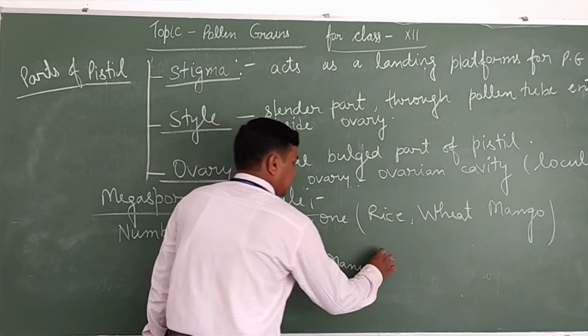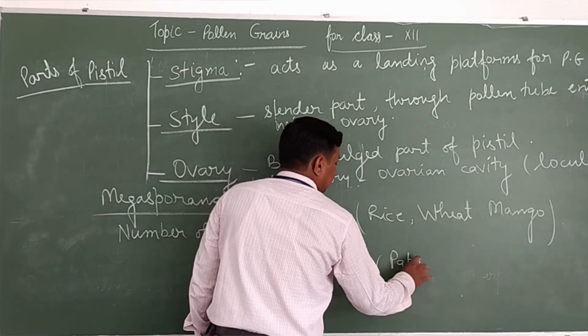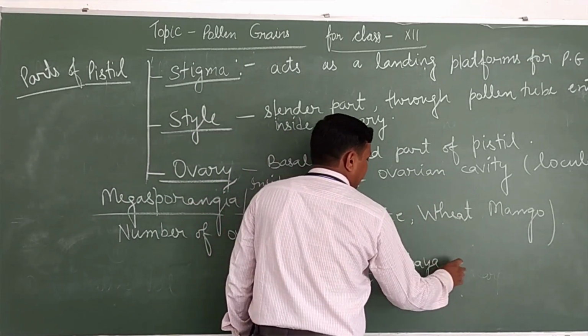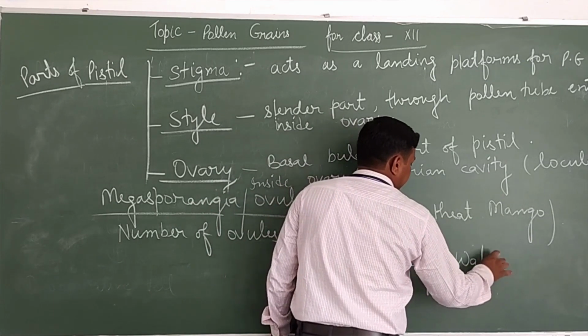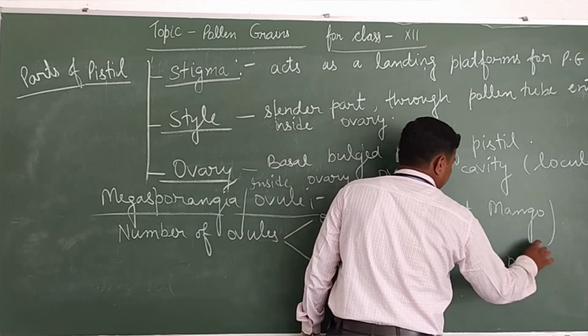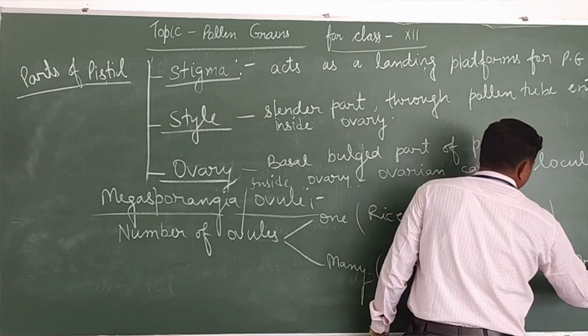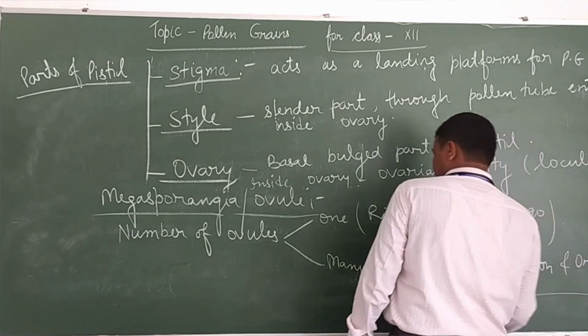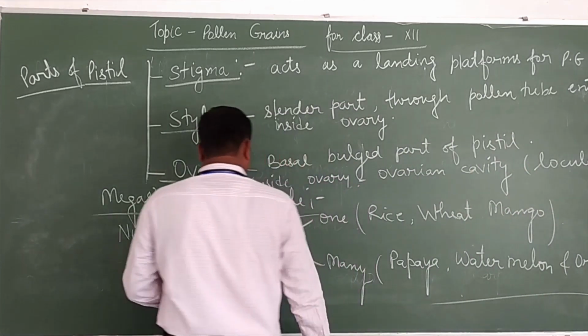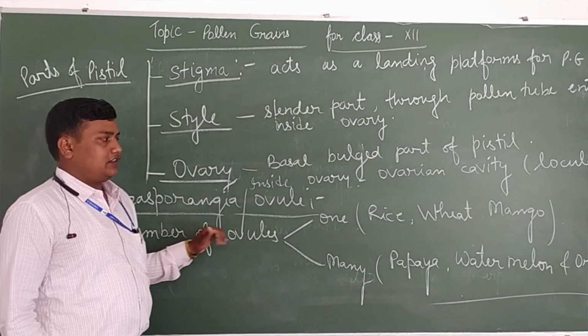And in many, like papaya, watermelon, and various other orchids, many ovules are present in the fruit.